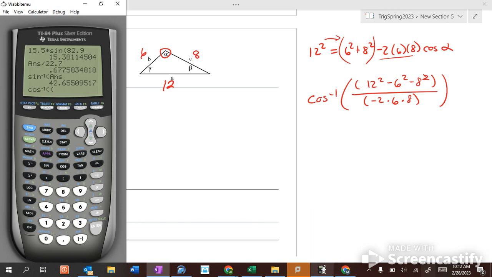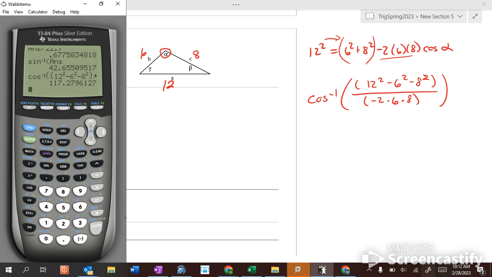Close it, divided by parenthesis negative 2 times 6 times 8. Close that parenthesis and close the big old parenthesis in the end. If you do that, it'll instantly give you your angle.